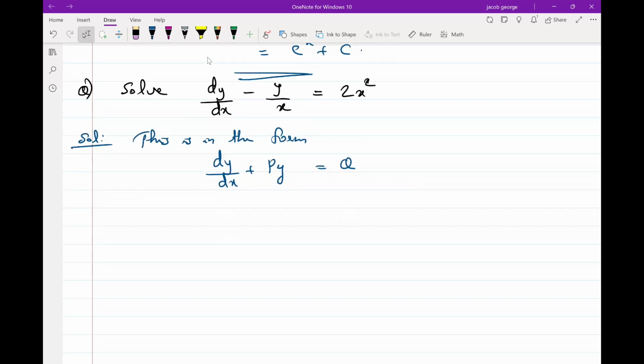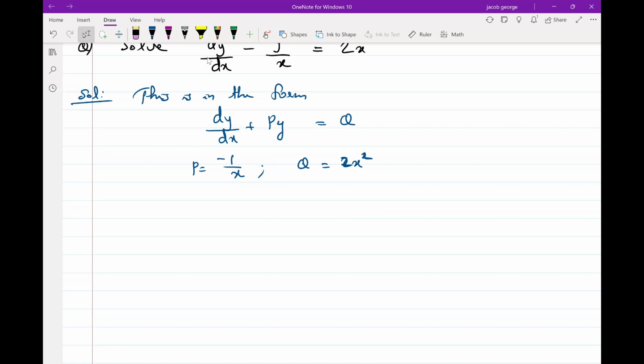Here p is minus 1 by x and q is equal to 2x square. Clear? Yes. Now we do integral p dx.